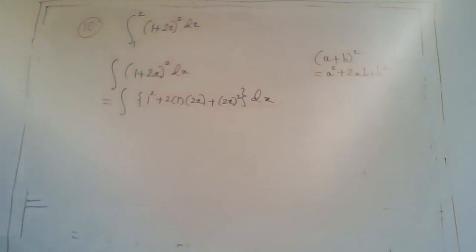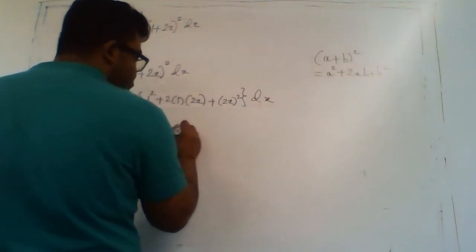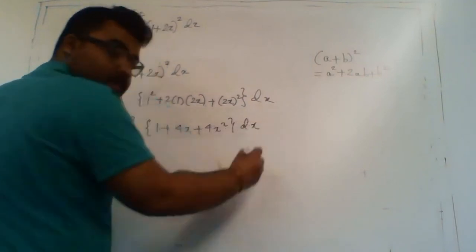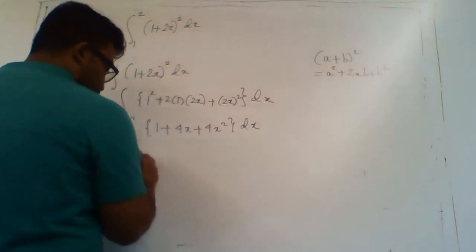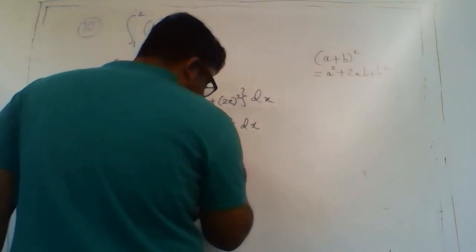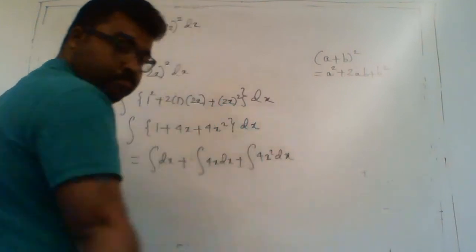So this is equal to 1 plus 4x plus 4x square dx. So this is equal to integral dx plus integral 4x dx plus integral 4x square dx.